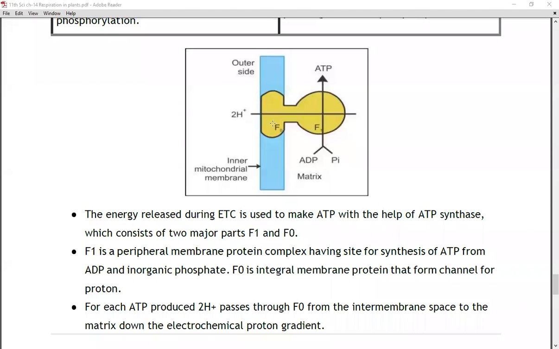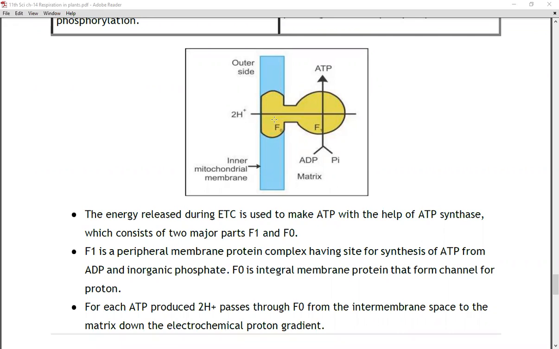Now, F0 is the integral membrane protein, which means this type of protein is present inside the membrane. As you can see, the blue colored part is the inner mitochondrial membrane, which consists of the F0 part of the ATP synthase.